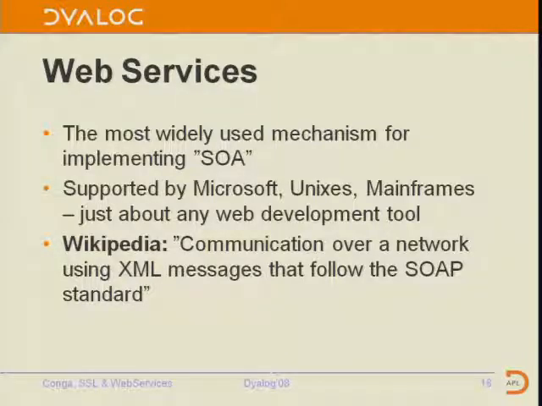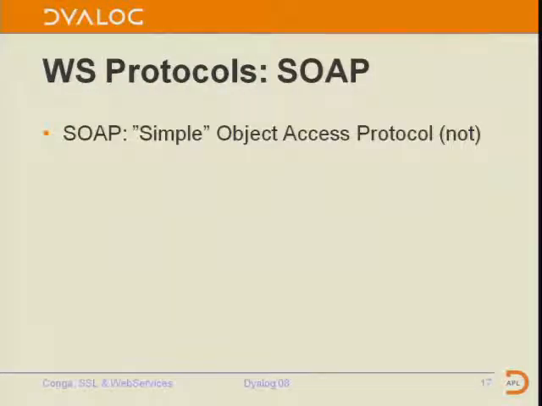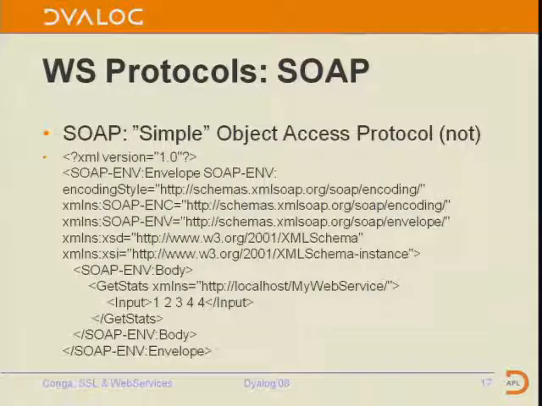So Wikipedia will tell you it's communications over a network using XML messages that follow the SOAP standard. SOAP was Simple Object Access Protocol, but I think at one of the recent standard meetings they officially decided to kill that idea, because it's not that simple.